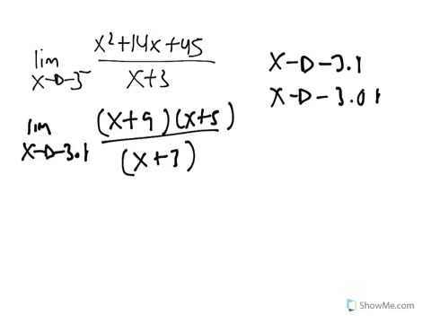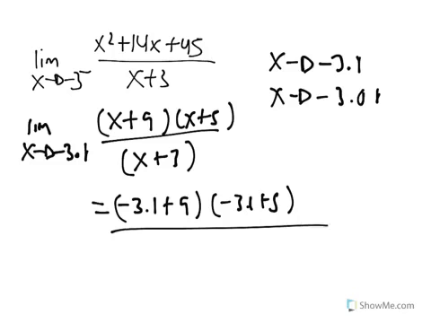So I get negative 3.1 plus 9, times negative 3.1 plus 5, divided by negative 3.1 plus 3, which is just negative 0.1. After doing your calculations, you should get that the limit is equal to negative 112.1.